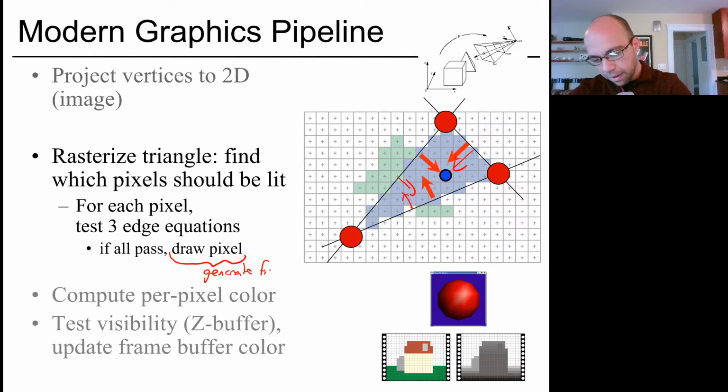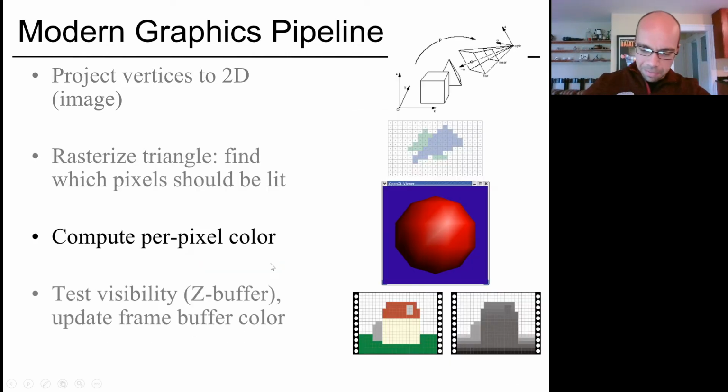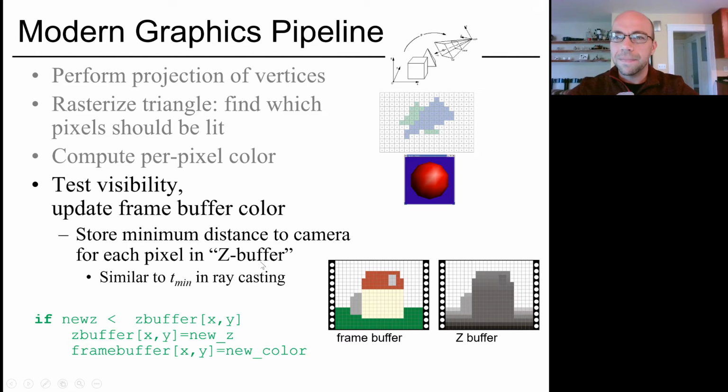And then finally, you compute the pixel color for the fragments that you generated, and you test visibility. Now, this is the idea of a Z buffer. As we generate these fragments, we're not just going to generate their color, but we're also going to compute their depth from the camera on the current triangle. This is just like t-min in ray tracing.